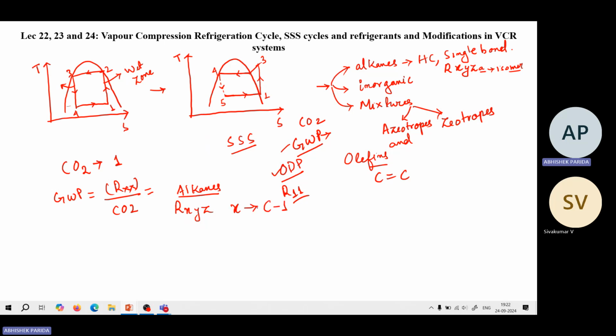Y is the number of hydrogen atoms plus 1. And Z is the number of fluorine atoms.